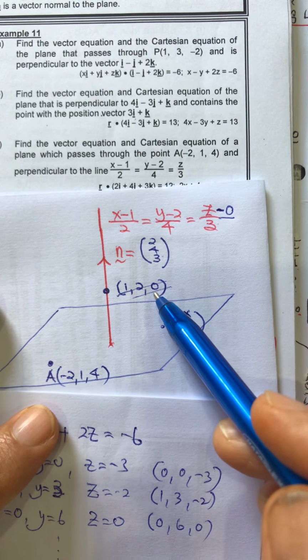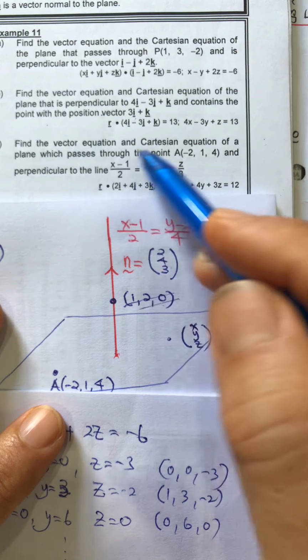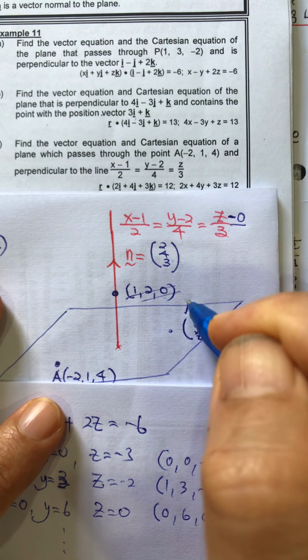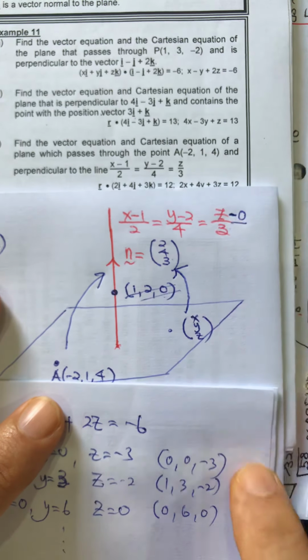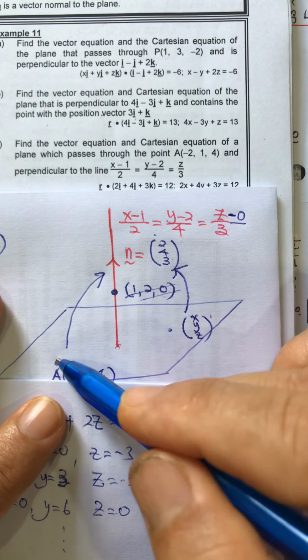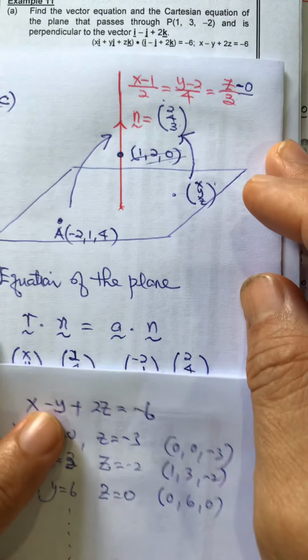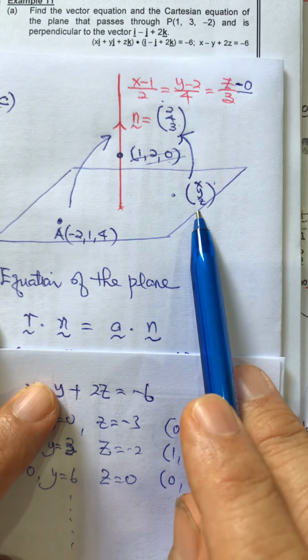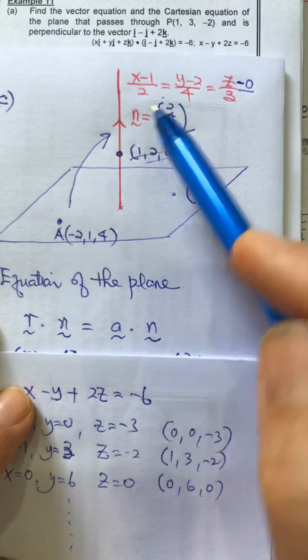When you want to find the vector equation and Cartesian equation, we just take this one dot with this, and this one dot with this. This one dot with this equal to this one dot with this. So you just dot x, y, z, that is r dot n equal to a dot n.